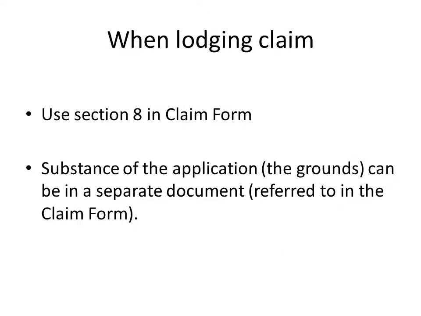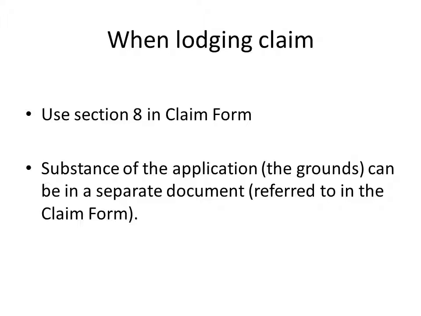If you're making an application for an interim remedy, such as an injunction, you'll be able to make the application in Section 8 of the claim form. However, sometimes you will need to give the substance of your application, the reasons for the application for the interim remedy, in a separate document.